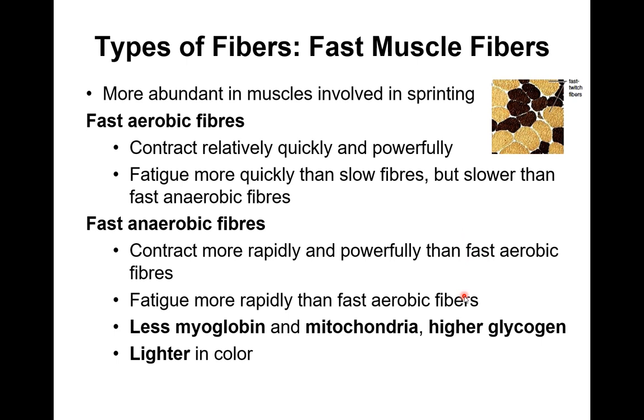They don't rely much on the full cellular respiration, so on the oxidative part. They rely more on glycolysis, and therefore they tend to have less mitochondria and less oxygen-storing molecules, so less myoglobin, and therefore they tend to be lighter in color. But again, they're responsible for fast contraction, but for a very, very short period. They fatigue extremely easily.